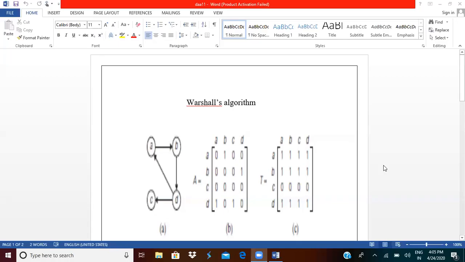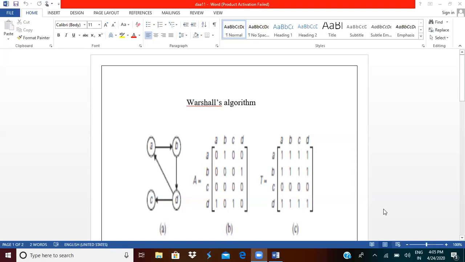Today's topic of discussion is Warshall's algorithm. Now, coming to dynamic programming, in the last class I had explained about multi-stage graphs. Today we shall continue with Warshall's algorithm. This is the all pair shortest path problem.